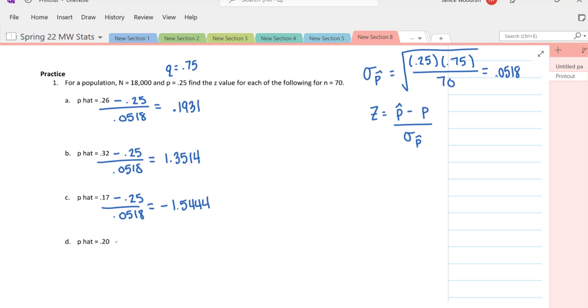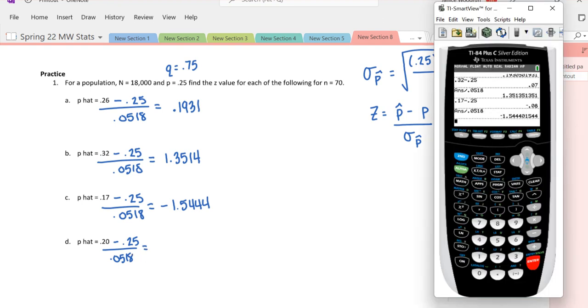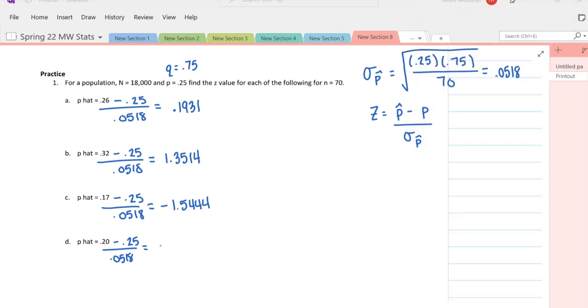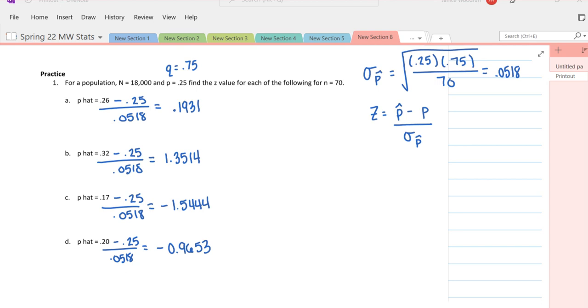And then the last one, 0.20 minus 0.25 over 0.0518. So there you should get negative 0.9653. All right. Any questions about that? How are we feeling towards this?